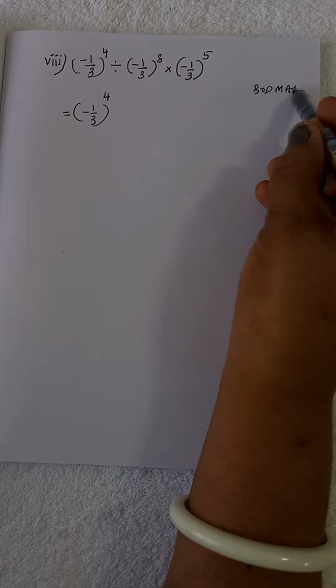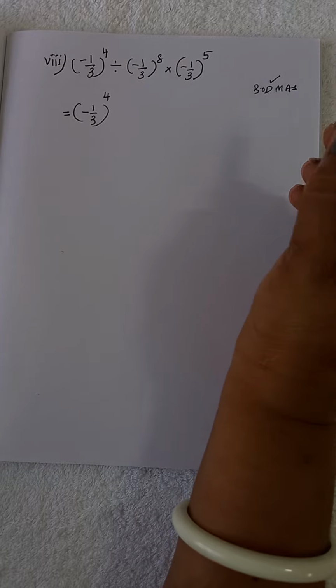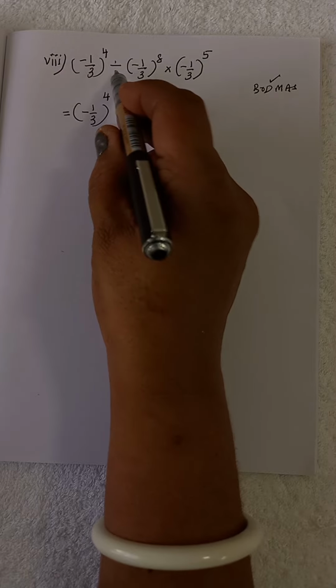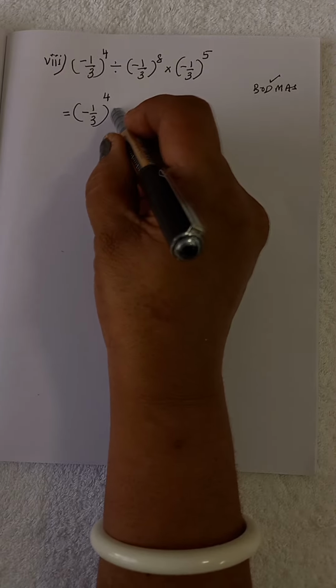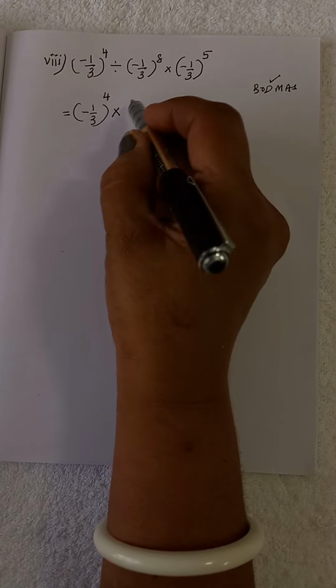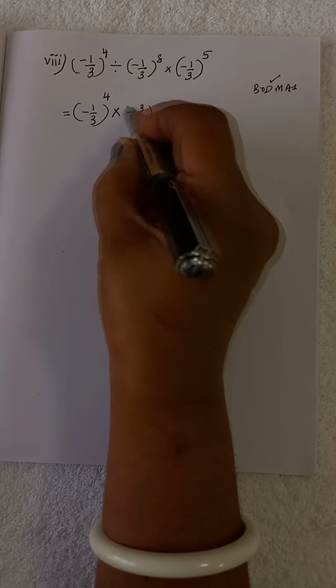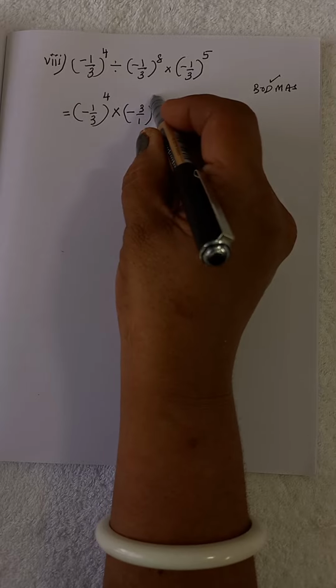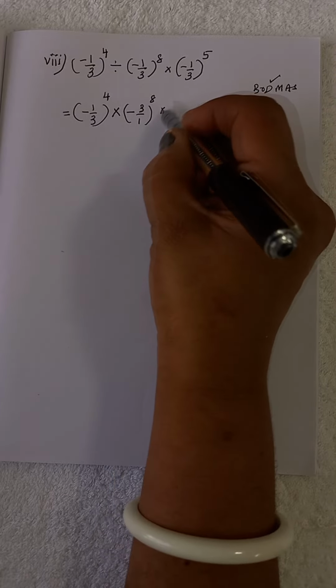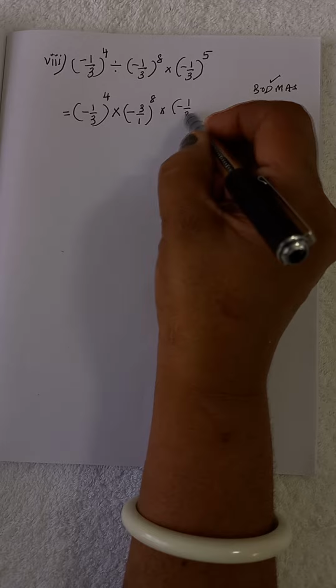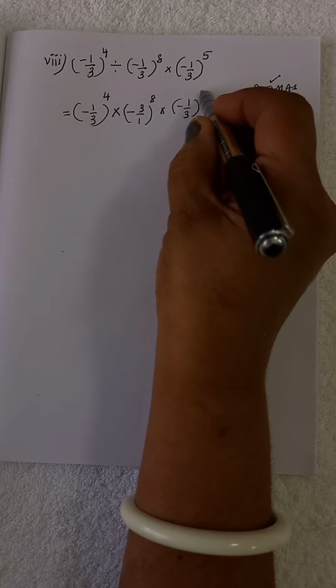We will do division first, then only multiplication. Division is the inverse of multiplication. So (-1/3)^4 into (-3/1)^8, that into (-1/3)^5.